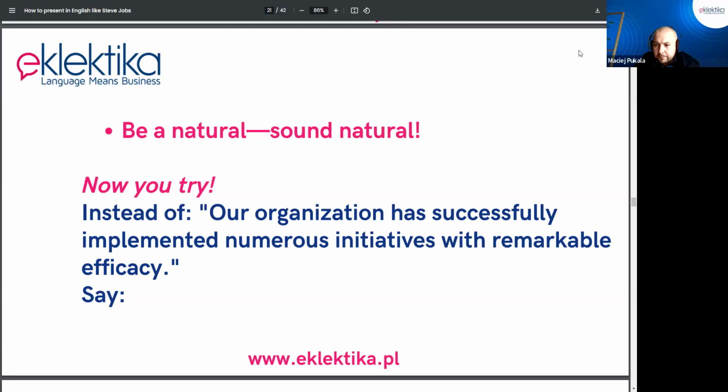Let's make it easier. Any ideas? Let's make it simple. Let's make it plain so that everyone understands regardless of their English level.